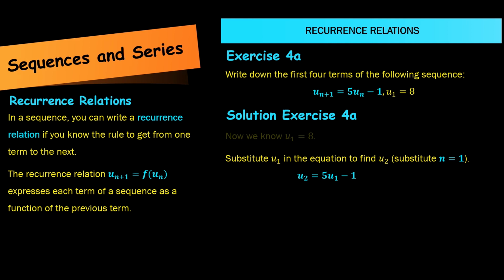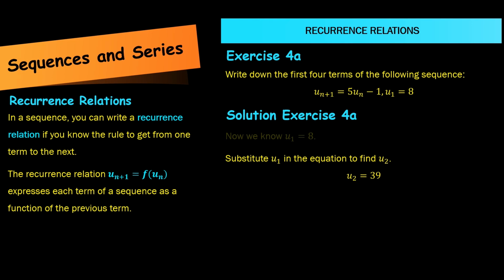Here, of course, we've put n equal to 1. And then plugging in the value of u1 into this equation gives us 5 times 8, which is the value of u1, minus 1, which is equal to 39. So we have that u2 equals 39.